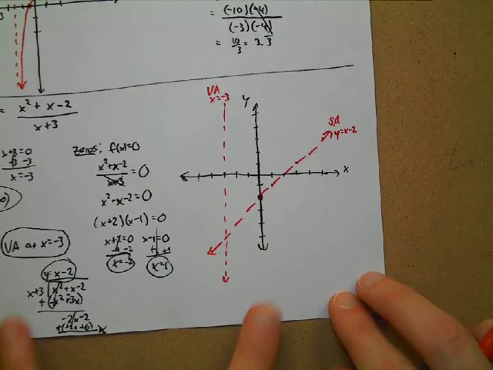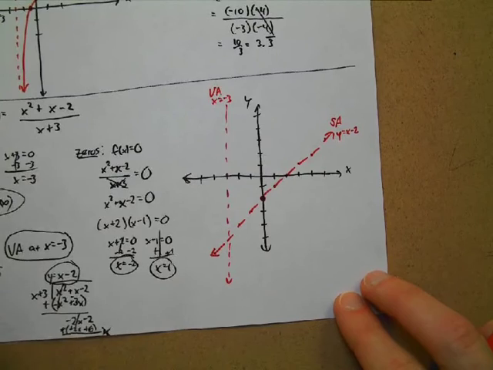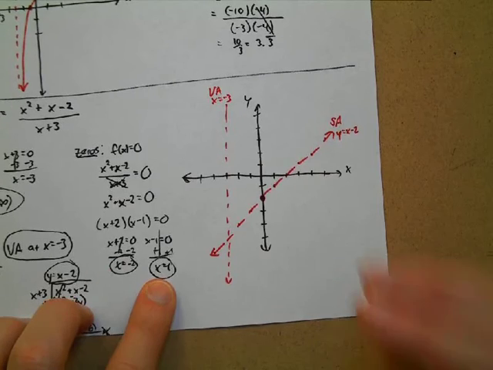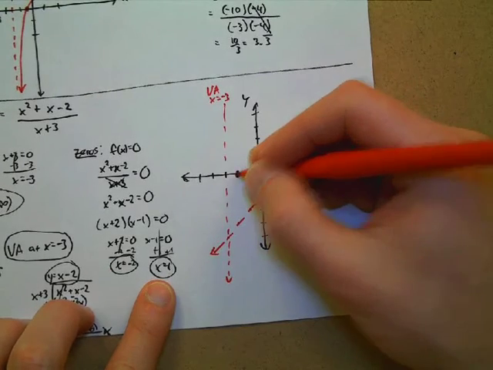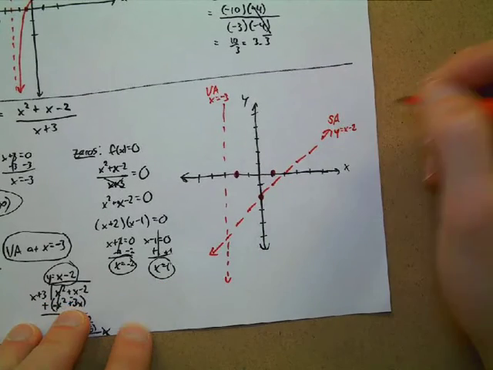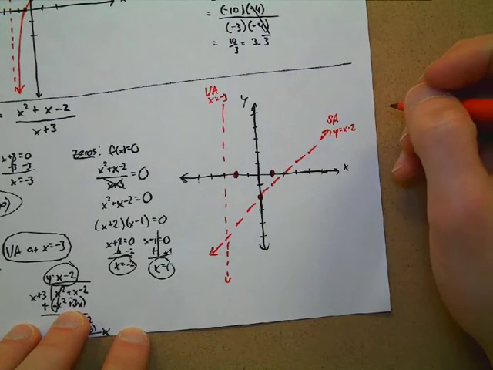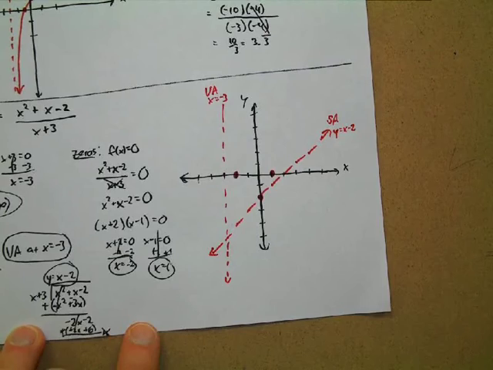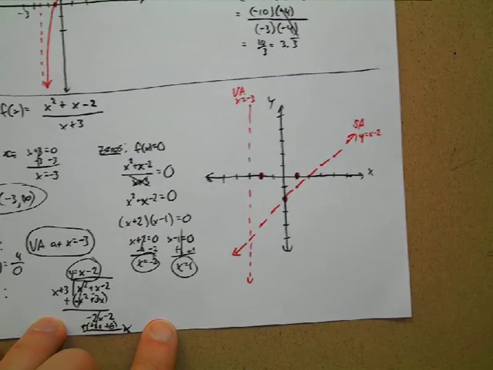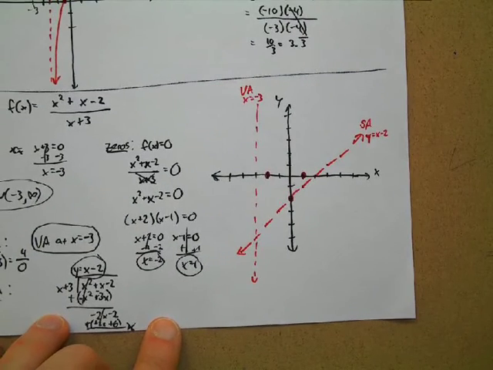And then let's see here. We have our zeros to graph. We have negative 2 and positive 1. And so our graph then, well, I'll hold off there.